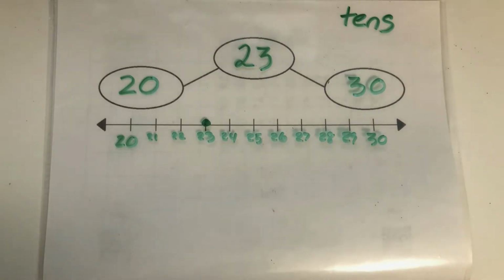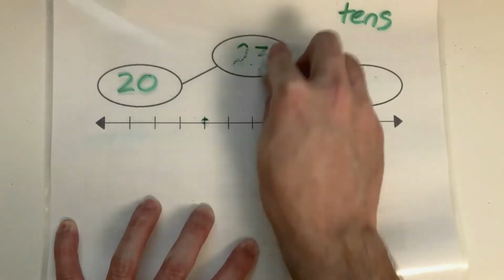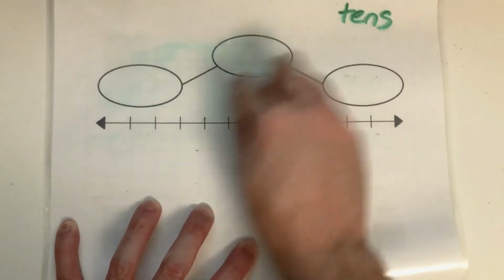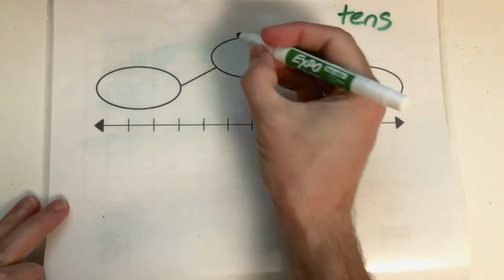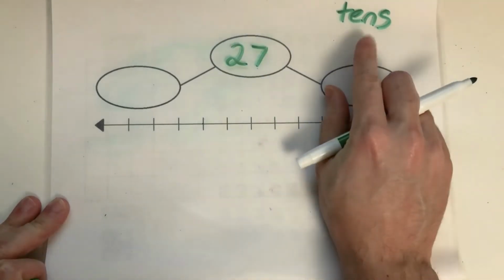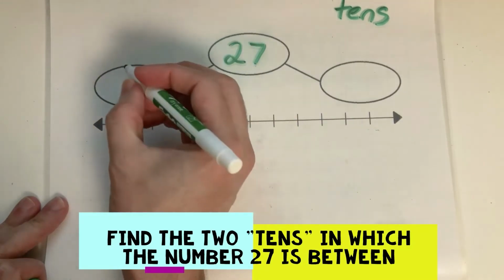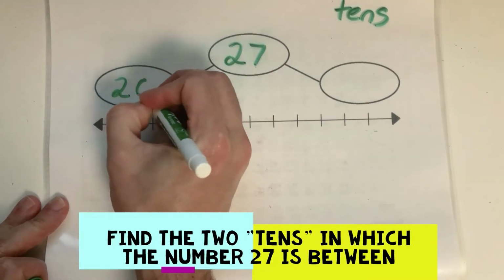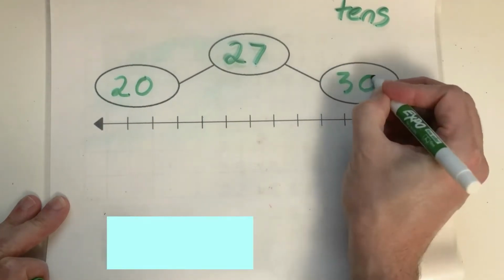Let's try another one. Let's try 27. And again, we're going to round it to the nearest 10. So again, we find the two tens in which the number 27 is between. Those would be 20 and 30.